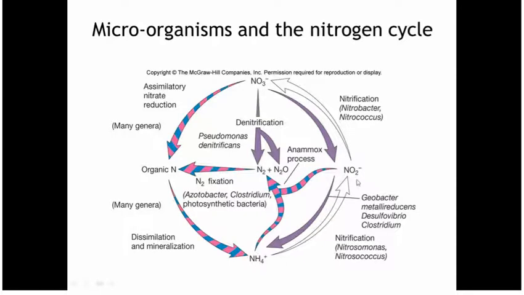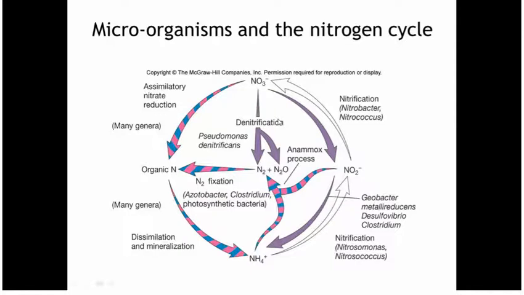Now the opposite process occurs where you have reduced nitrogen compounds, but you have oxygen present. So the process goes in the other direction because nitrogen compounds are good electron acceptors, but the best is oxygen, right? So when oxygen is present, these arrows go the other way around.